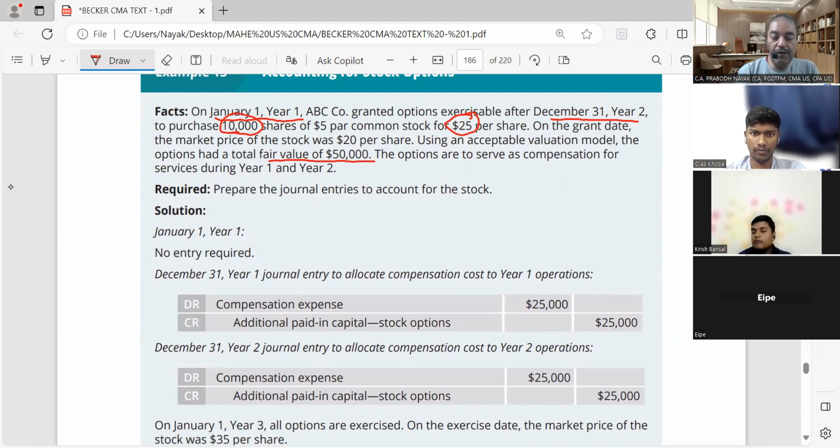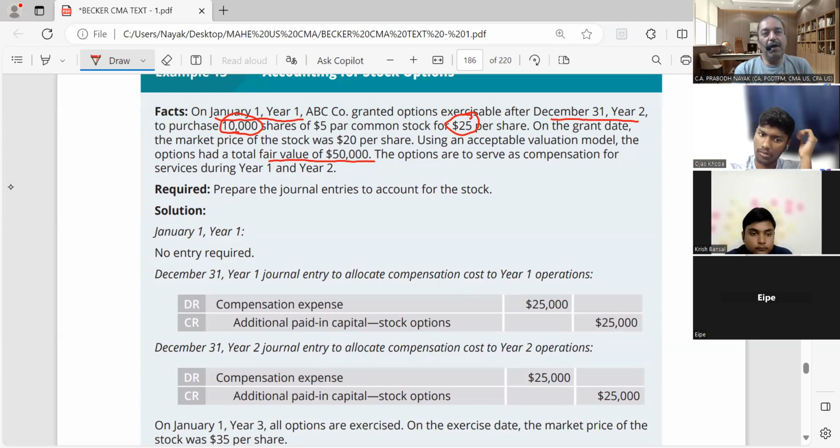So my journal entry for the first year will be debit compensation expense, credit additional paid in capital. EPIC, you remember EPIC, additional paid in capital. That means we are keeping aside this much amount of shares, having a fair value of 25,000. And why are we keeping this aside?